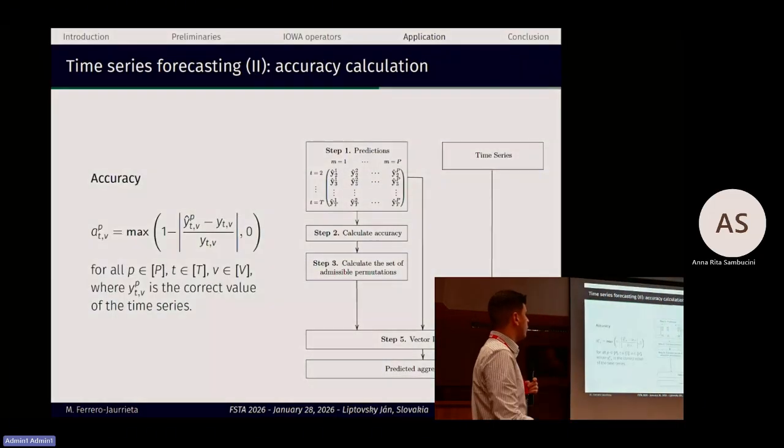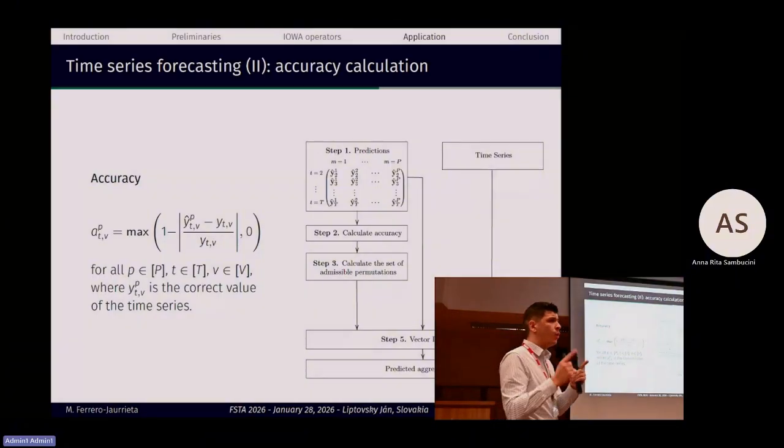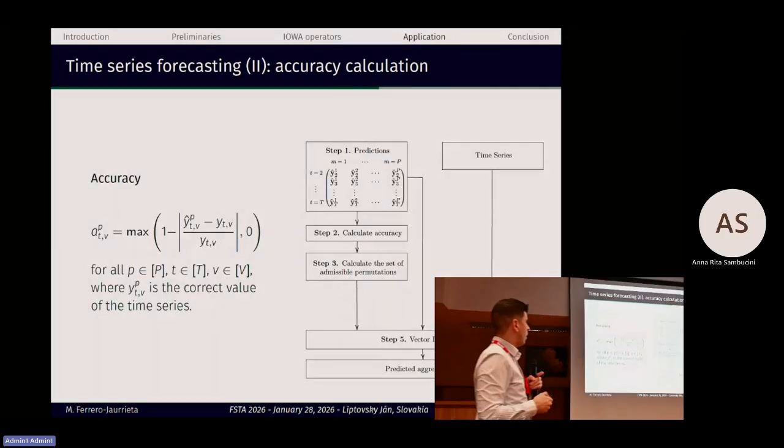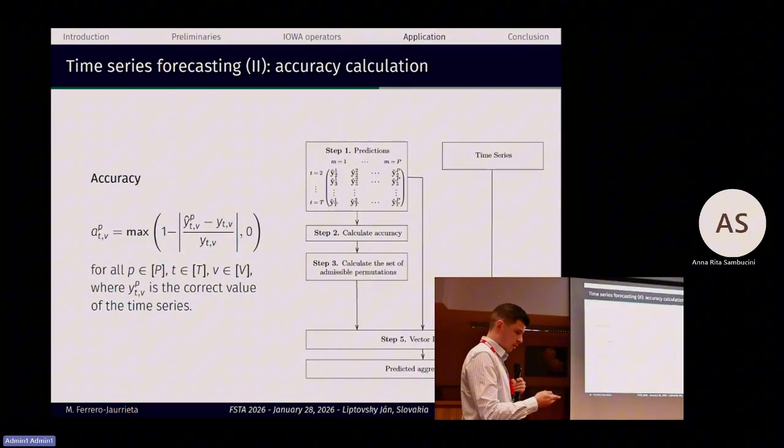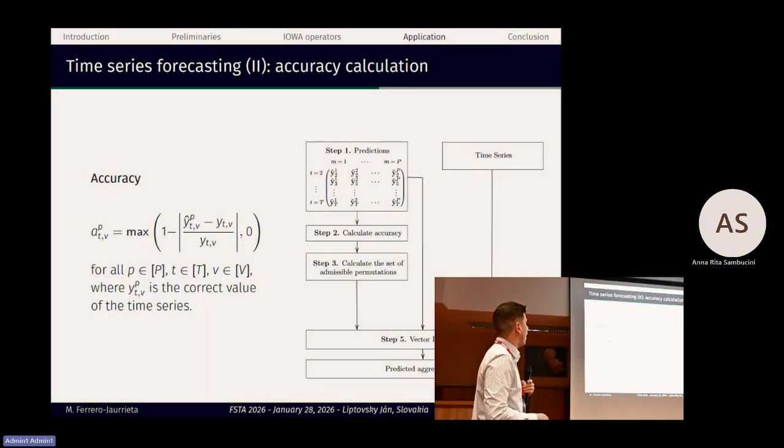Once we have the prediction, we calculate the accuracy with respect to the true value. We have used the following metric for accuracy because it's a simple metric based on the mean absolute percentage error. It's also a simple metric which is bounded in [0, 1] for each value.